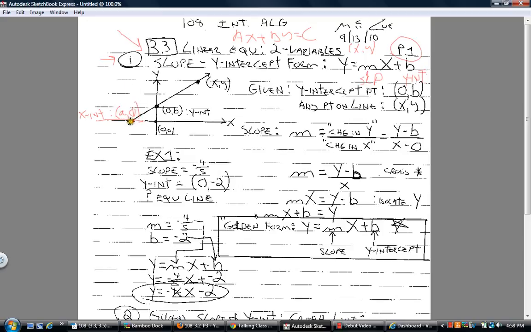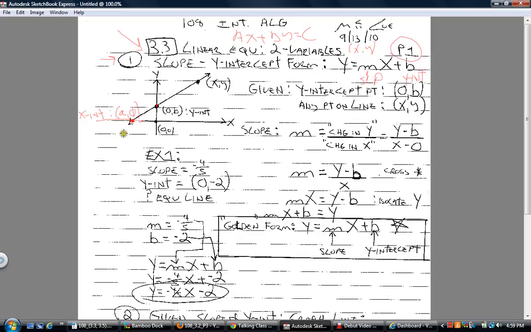Because on the x-axis it's not going up or down. Here it crosses the y-axis at the y-intercept, and we use 0 comma b. I think mathematicians picked b because they started off with a for where it crosses the x-axis, so they used b to represent where it crosses the y-axis. So there's the y-intercept, there's the x-intercept, and here's a general line.